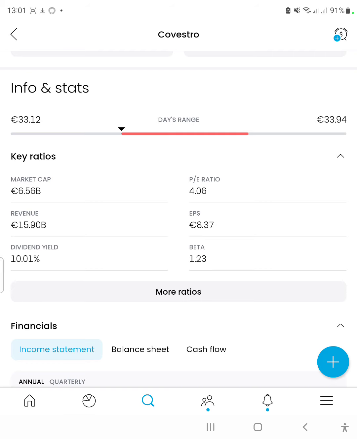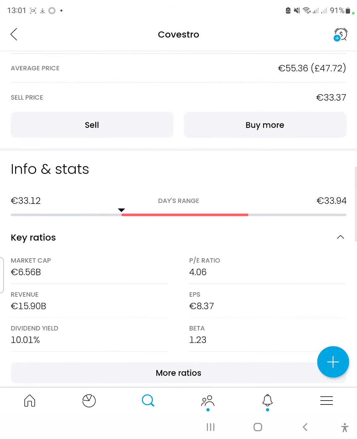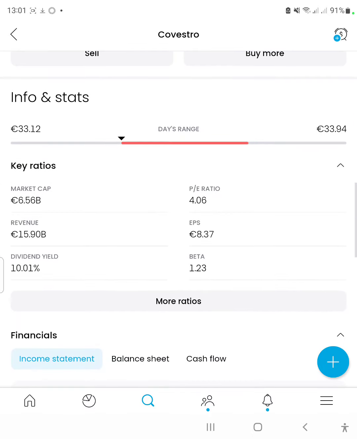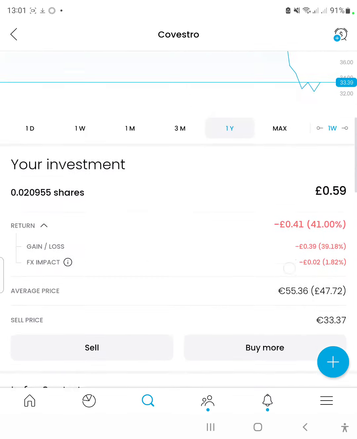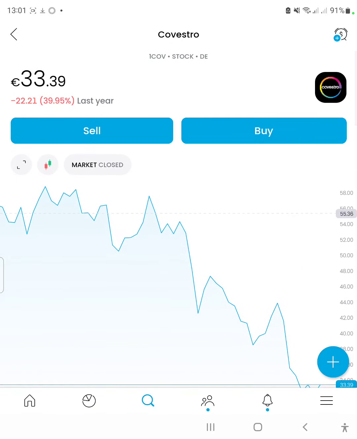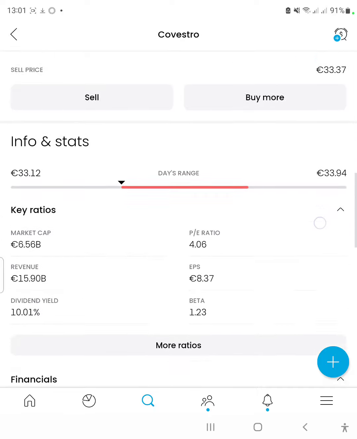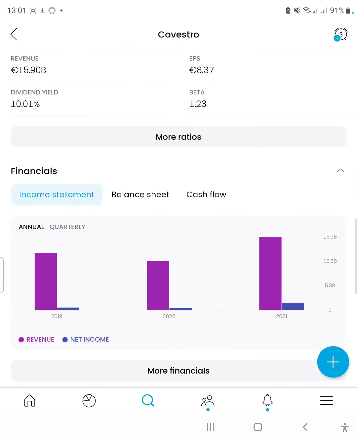But the earnings per share is just, I guess you can tell by the title, the earnings, which is the net income for the year, divided by the amount of shares that are outstanding. So that is 8.37 euros. Let's check the market price. So that is really good, actually. That's almost 33%, which is really good.